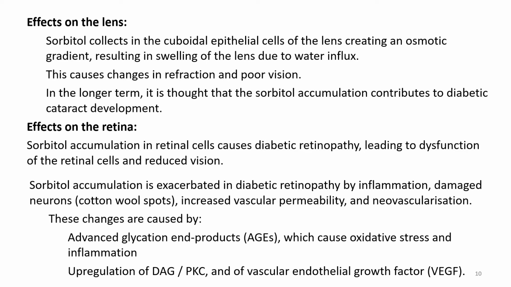Remember DAG? DAG, diacylglycerol, was produced when our phospholipase C complex was activated by an alpha subunit. DAG was one of the things produced, the other one was IP3, which caused the release of intracellular calcium.